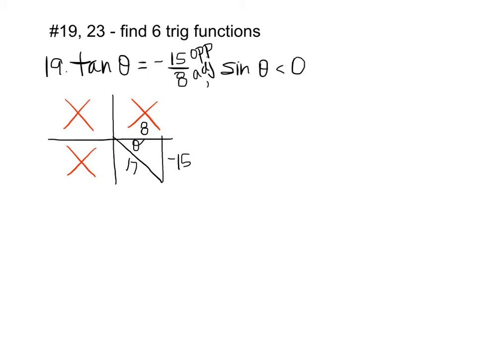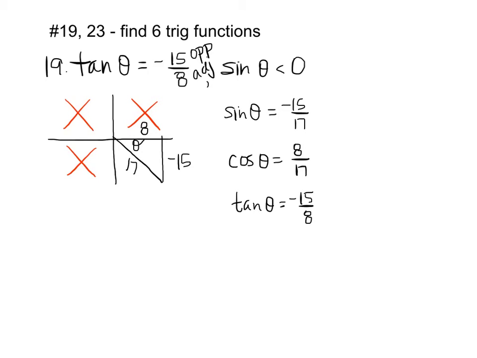Okay, so now we have a triangle, we have a reference angle. All we have to do now is find the other 5 trig functions. Okay, so let's go ahead and start with sine. Sine of theta would be opposite over hypotenuse, so negative 15 seventeenths. Then the cosine of theta would be adjacent over hypotenuse, so 8 over 17. And then of course we were given the tangent of theta as negative 15 over 8.